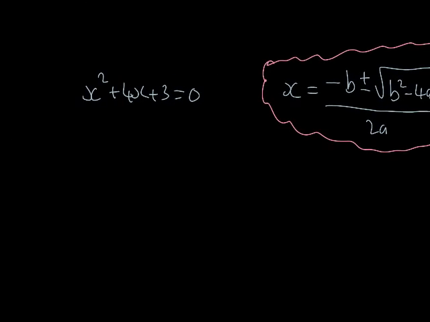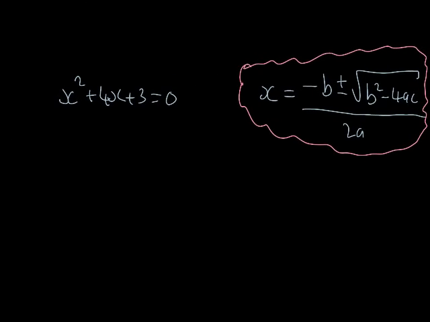We know that the formula is that, and the question we want to answer is that. So how does this actually work? First, let's see what a, b, and c are. a is 1, b is 4, and c is 3. My answers are going to split into two.